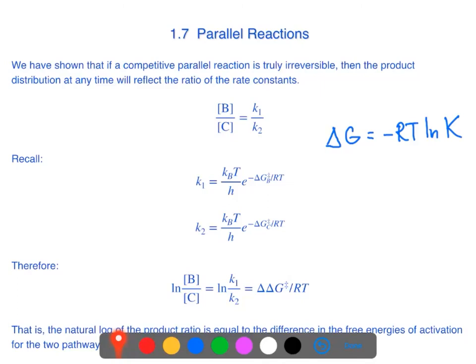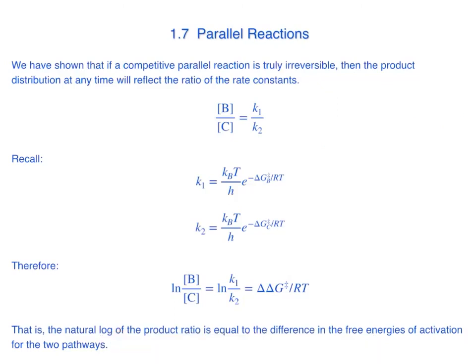So a difference between the free energy differences of activation for those individual pathways. So a difference of a difference. So that is the natural log of the product ratio is equal to the difference in the free energies of activation for those two pathways towards B and towards C.